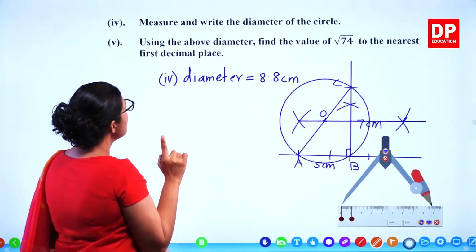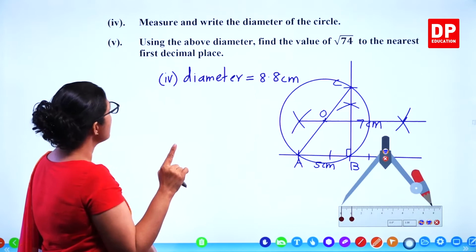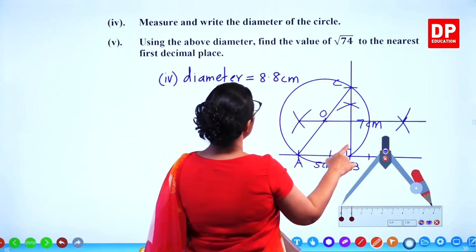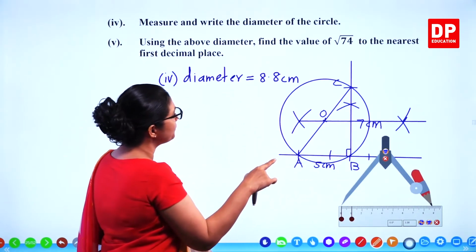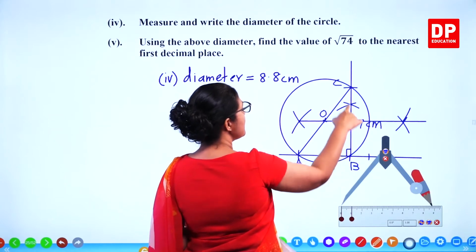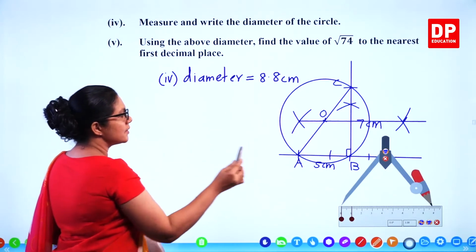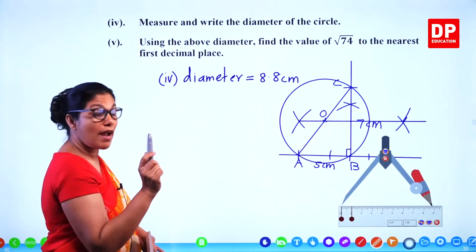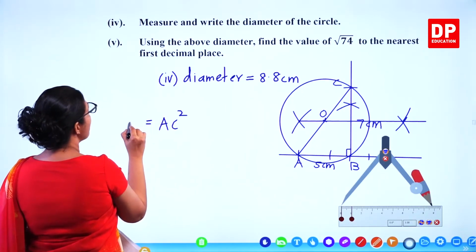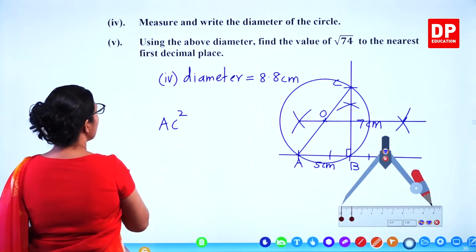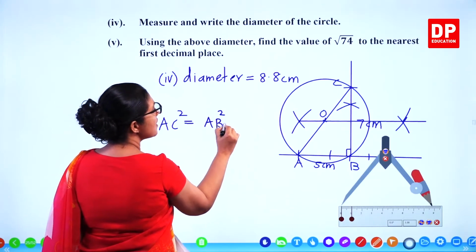Using the above diameter, find the value of root 74 to the nearest first decimal place. What's the value of root 74? So this is 5, this is 7. So what is 5 and 7? Here this is in the right angle triangle. So we can say, this is the fifth part, AC squared is equal to AB squared plus BC squared.